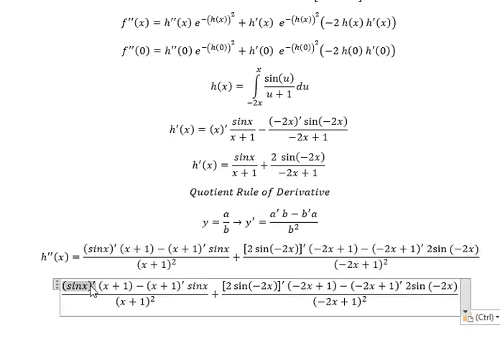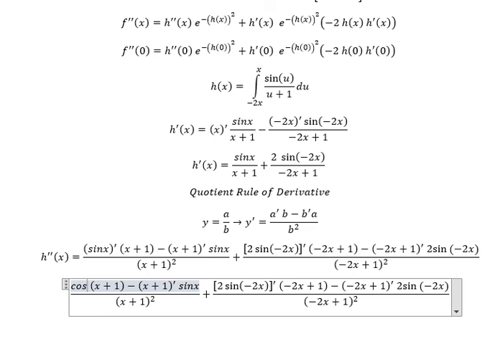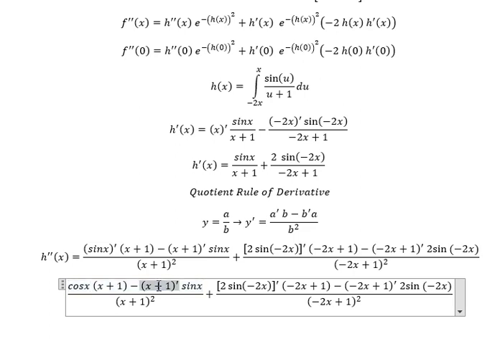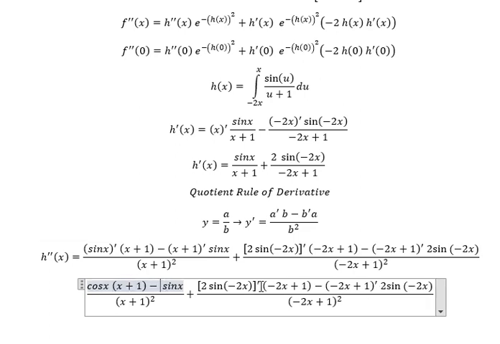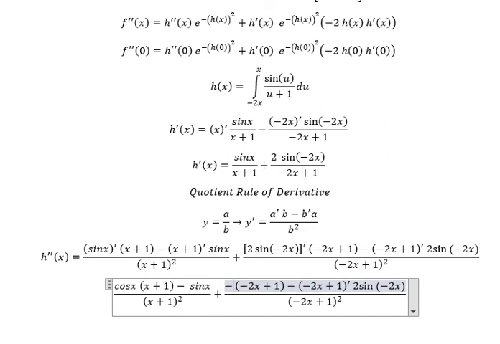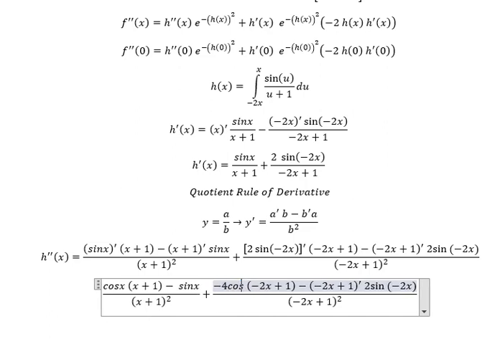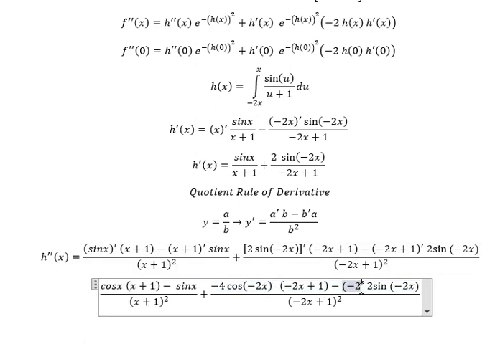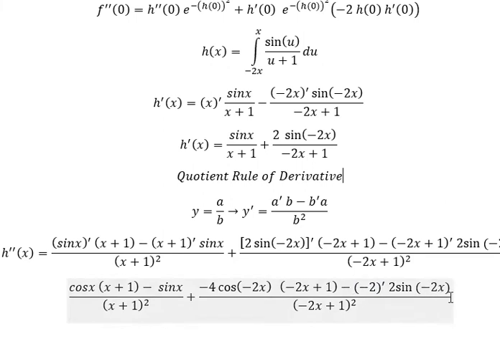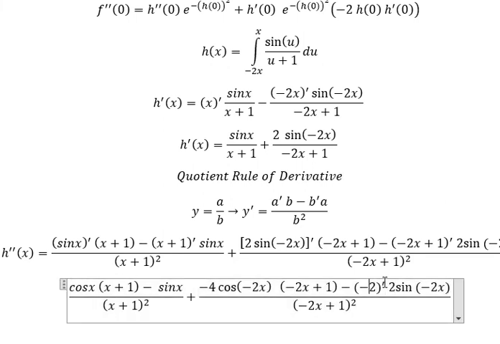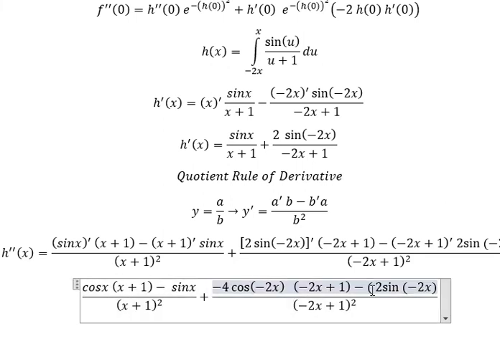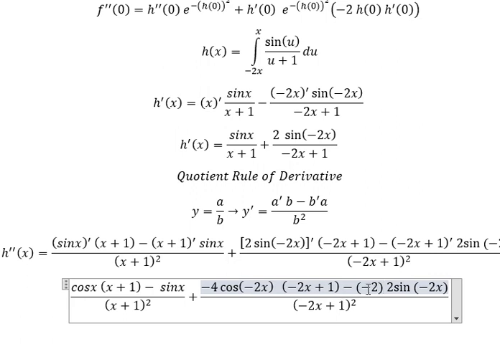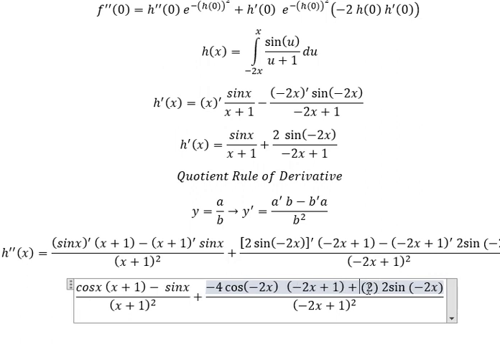This one we have cosine s. This one you got number 1. This one in here we have negative number 4 cosine negative 2s. This one we have negative number 2, so negative with negative we have positive, 2 with number 2 we have number 4.